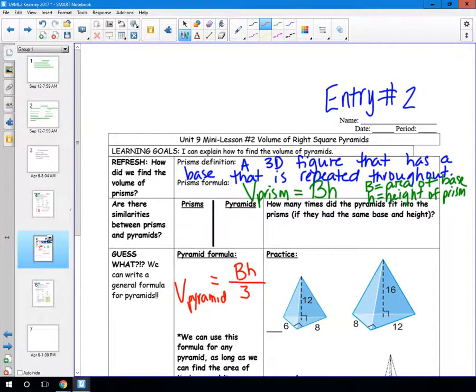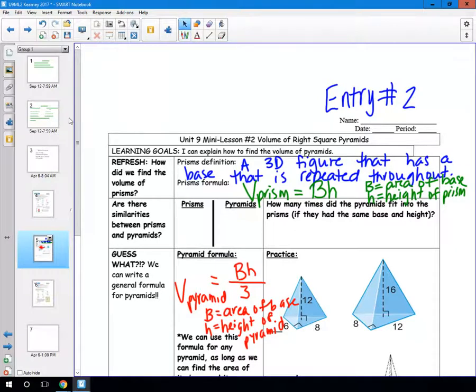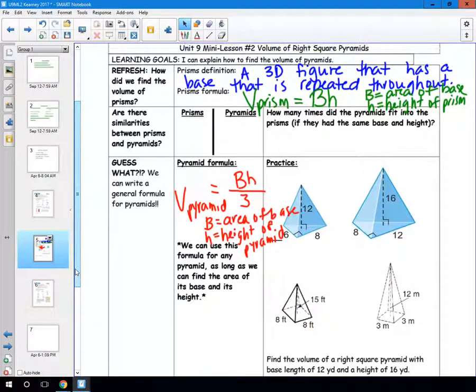Big B is still the area of the base, and H is still the height of the pyramid. So yesterday we said big B times H. Today, volume of a pyramid is big B times H, but then divide by 3. Okay, so let me show you how easy this is.